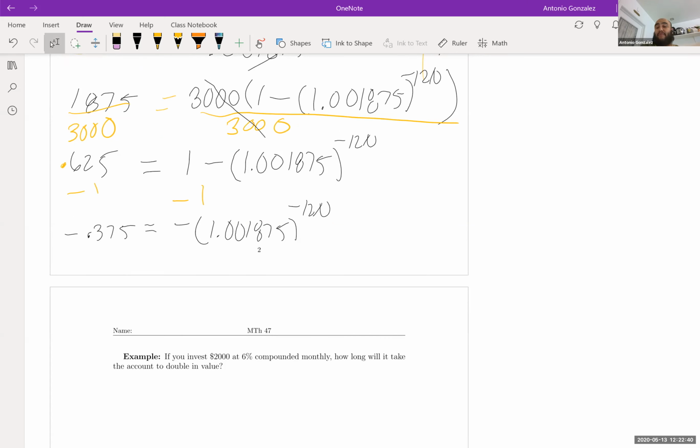And then before I take the logarithm of both sides, I'm going to multiply both sides of the equation by -1 to get positives here. So here I'll multiply by -1, multiply here by -1, and we get 0.375 is equal to 1.001875 to the -12n.